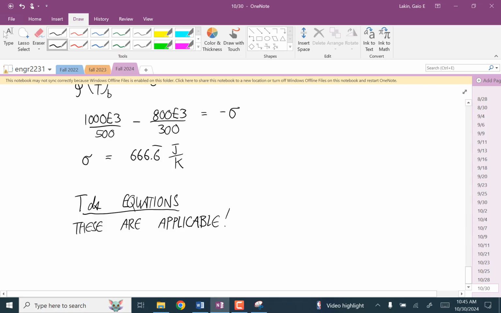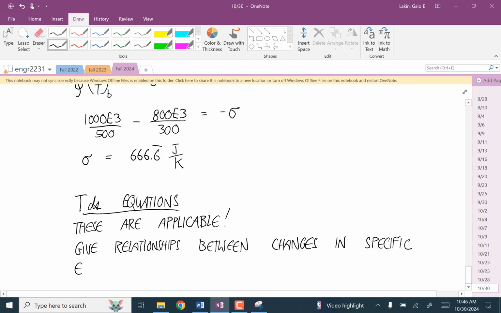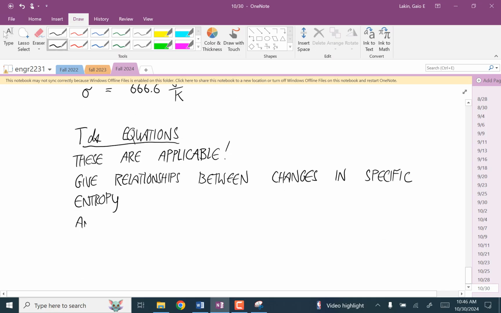And you use them to find relationships between changes in entropy, I guess it's specific entropy, and changes in other properties.